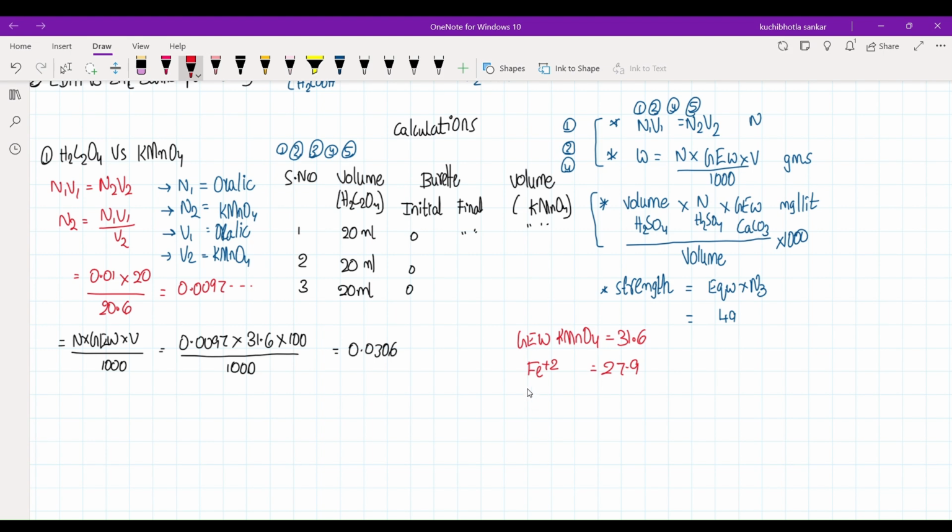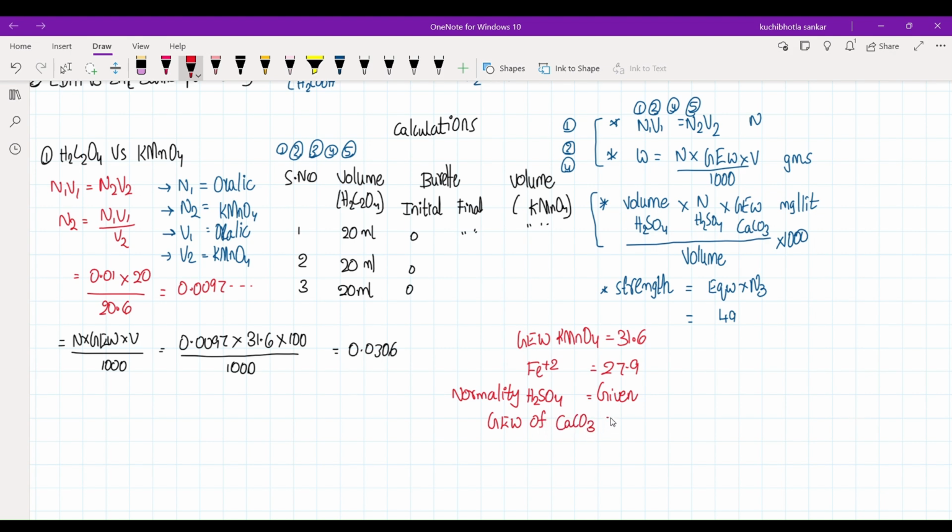Are there any constants? Yes, you need to remember the normality will be given and the gram equivalent weight of H2SO4. You need to remember that. The normality of H2SO4 will be given and the gram equivalent weight of CaCO3.